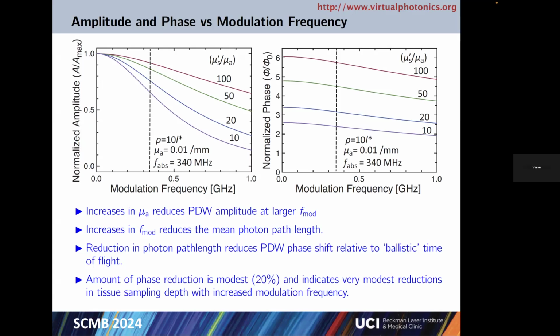And so what that means is that as you go to higher modulation frequencies, you're basically cutting off light that has undergone these long pathways. Because you're modulating so fast, faster than the light can be absorbed, you're not sensitive to absorption, and you're getting only the earlier arriving photons, but you're cutting off the late arriving photons, which reduces your sensitivity to absorption, but does increase your sensitivity.